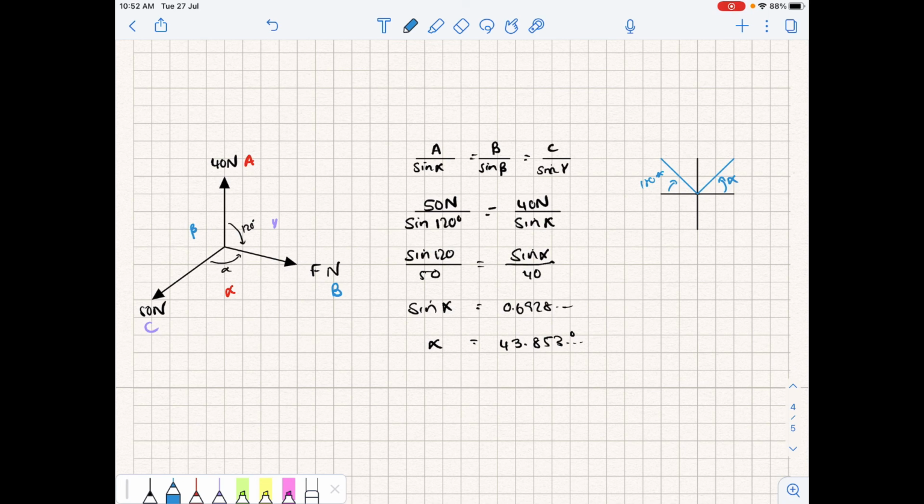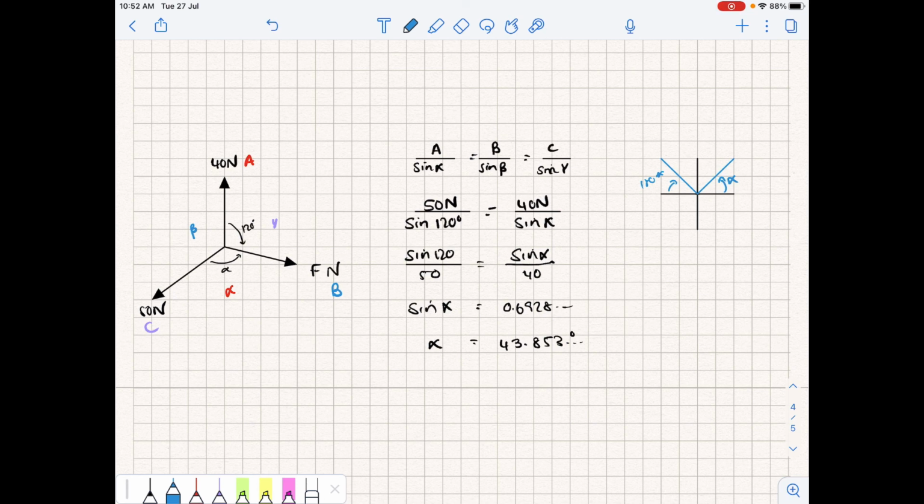The obtuse angle sine, unfortunately, is positive in the first and the second quadrant, and because we can have angles in a triangle between 0 and 180 degrees, we need to remember that sometimes when we take sine inverse, we need to look at the context it's in, right? In our case, we can see this is not the acute angle, it's the obtuse angle.